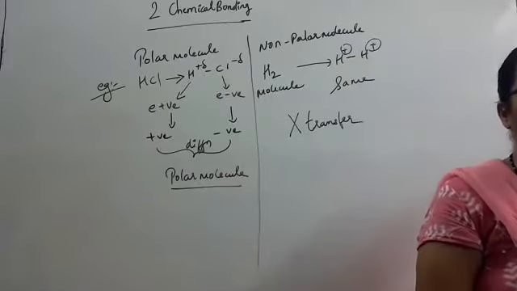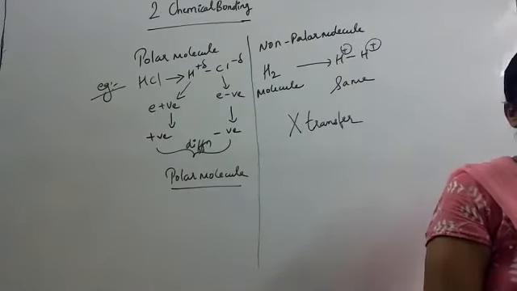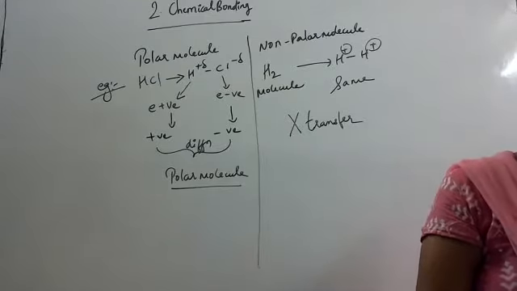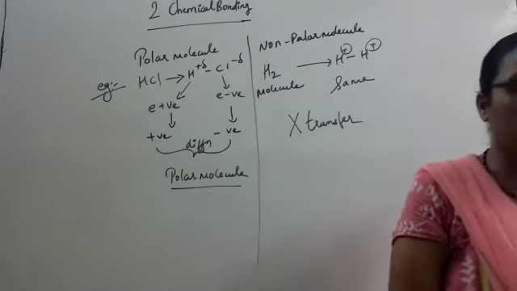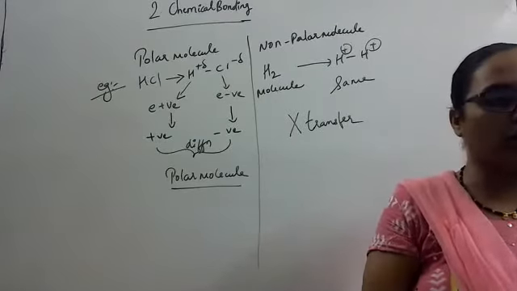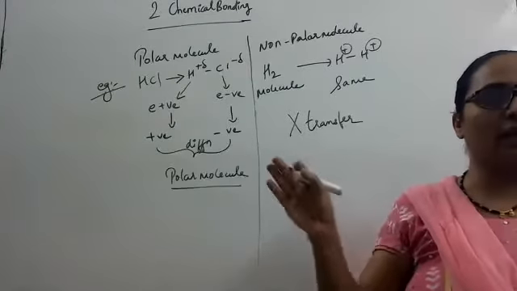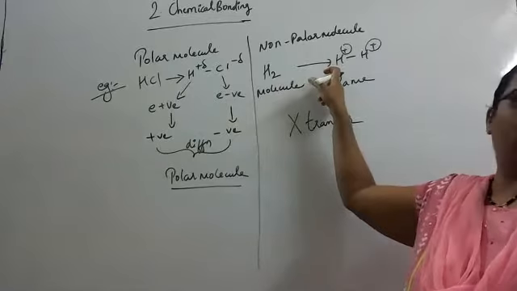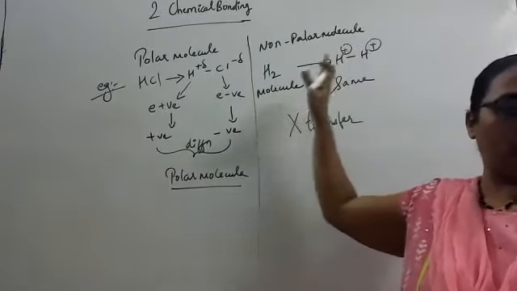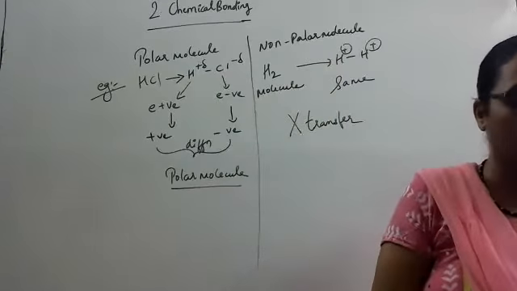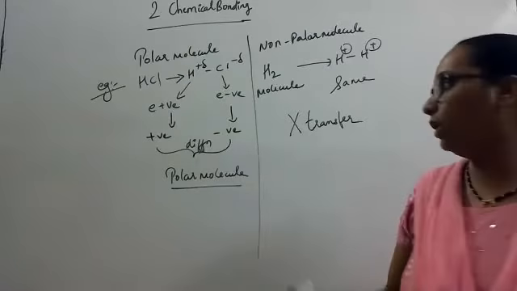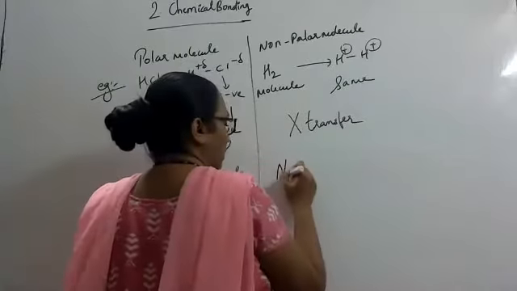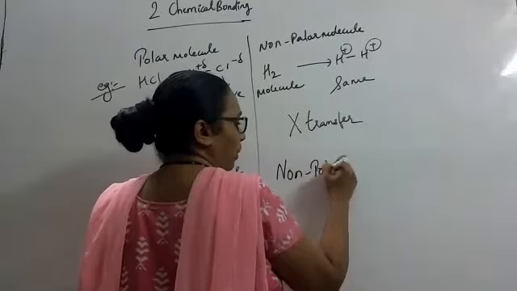Hydrogen atoms share the electrons and the charges present on them are the same. Hence, there is no difference in their electronegativity. That is, it is not that in a molecule one atom is electropositive and one is electronegative. Okay, the nature of both is the same. That is the reason why it is called non-polar.